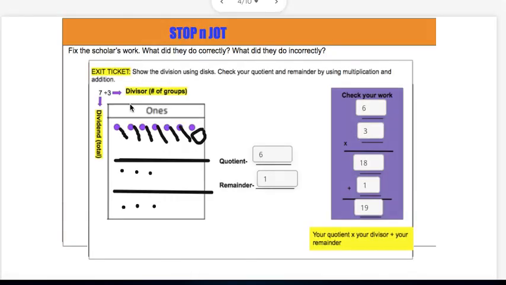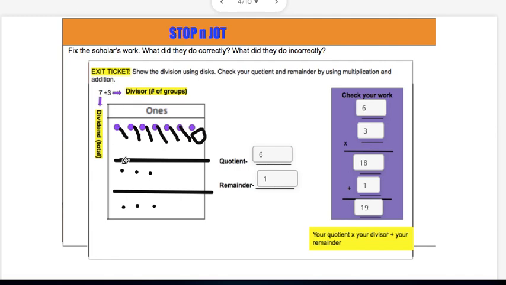Before we do, let's look at our stop and jot. As you can see on Miss Turner's screen, we have a scholar's work. Yes, this is one of our very own scholar's work, and this scholar is a little bit confused. Let's see if we can help them. We have 7 divided by 3. Remind me, this number 3, it tells me the number of... Yes, the number of groups, you guys.